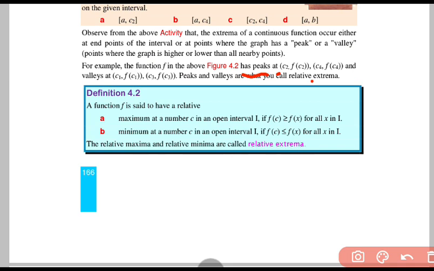Are you confused with this expression? Don't worry, I will explain to you.